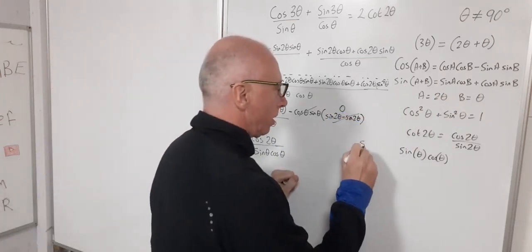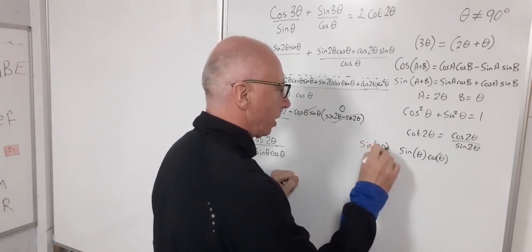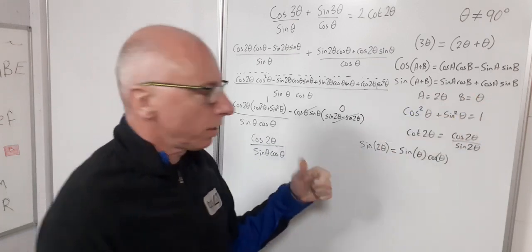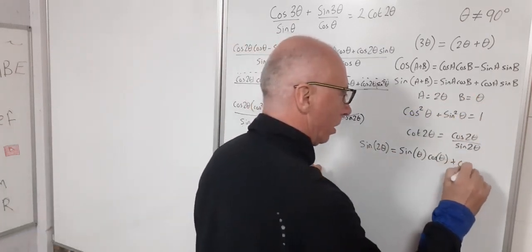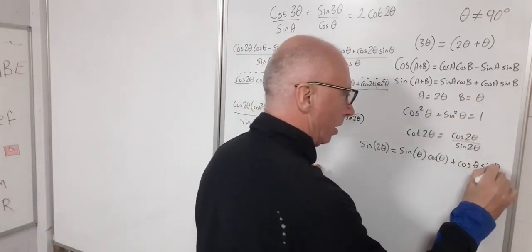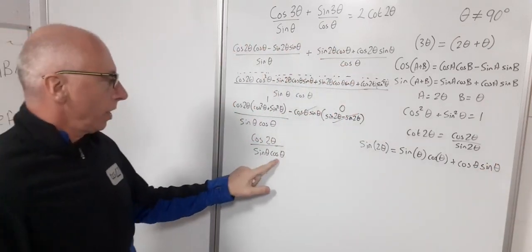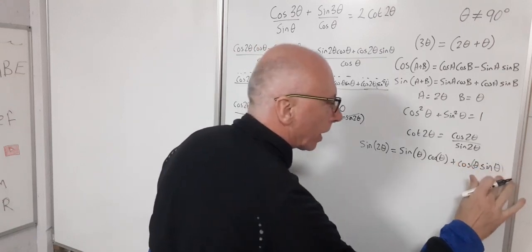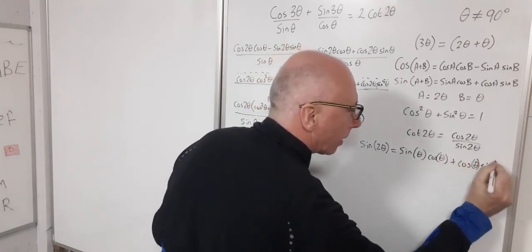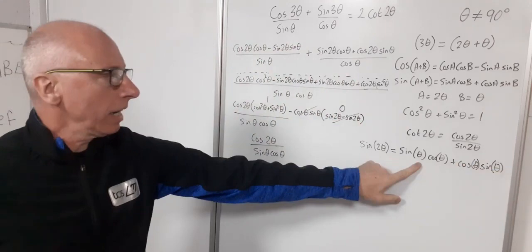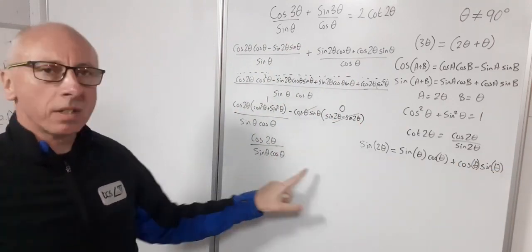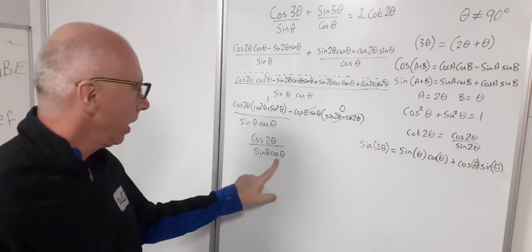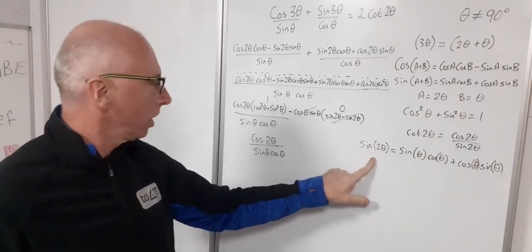So if I just write this as here, sine of 2 theta, that equals sine theta cosine theta plus cosine theta sine theta. Well, as these are both equivalent on this side, oh, don't want the bracket there, do I? I want the bracket there. As this, any one of these here is equivalent to this, I've basically got a half of this. So this then here just becomes a half of sine 2 theta.